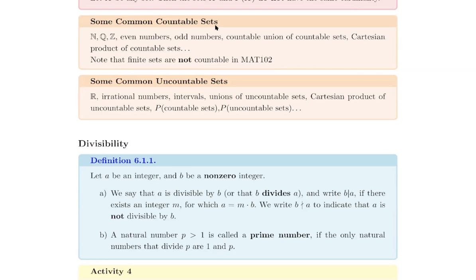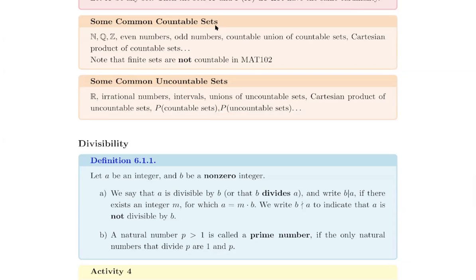Some common uncountable sets, we have real number, which is proved in class already. Irrational number, make sure you know how to prove this. Intervals, again, make sure you know how to prove this as well. Unions of uncountable sets, Cartesian product of uncountable sets, power set of countable sets, power set of uncountable sets, and so on.